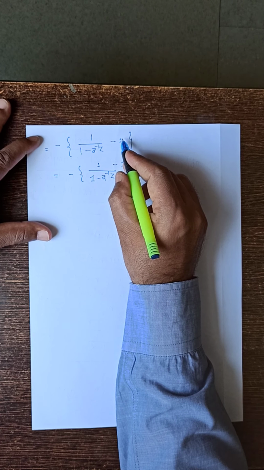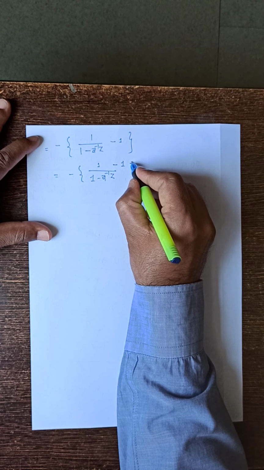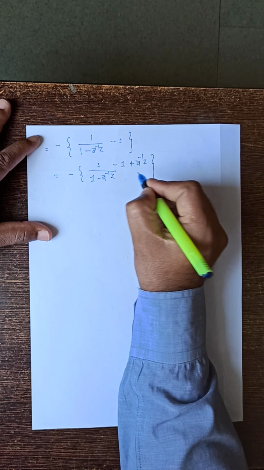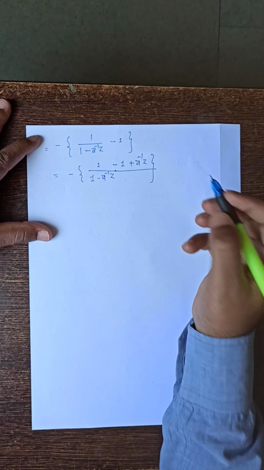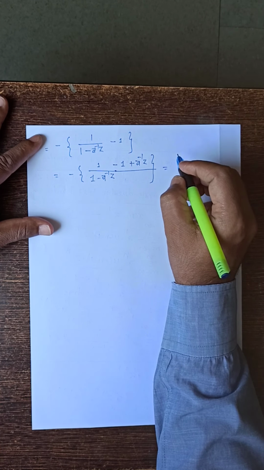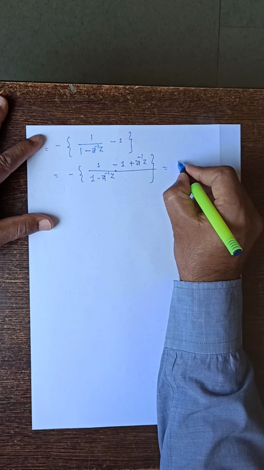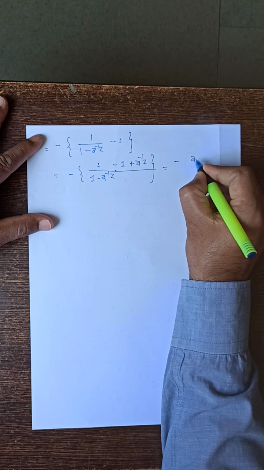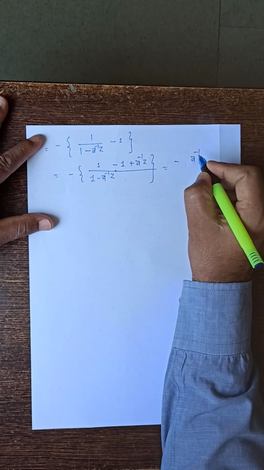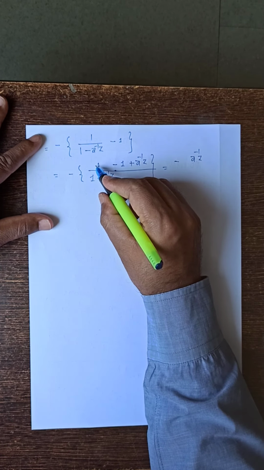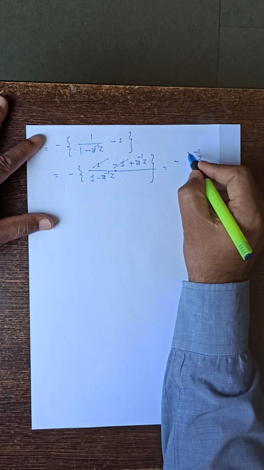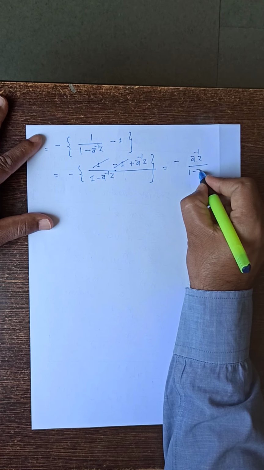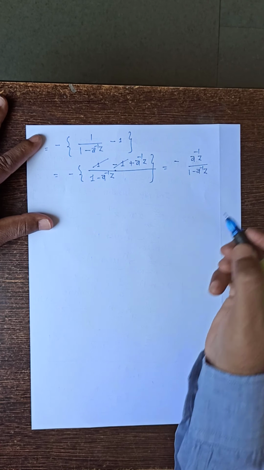So minus 1, minus minus becomes plus a raised to minus 1 z. So this is the entire bracket. So 1 and minus 1 are going to be cancelled. So this is the minus sign, a raised to minus 1 z, divided by 1 minus a raised to minus 1 z.